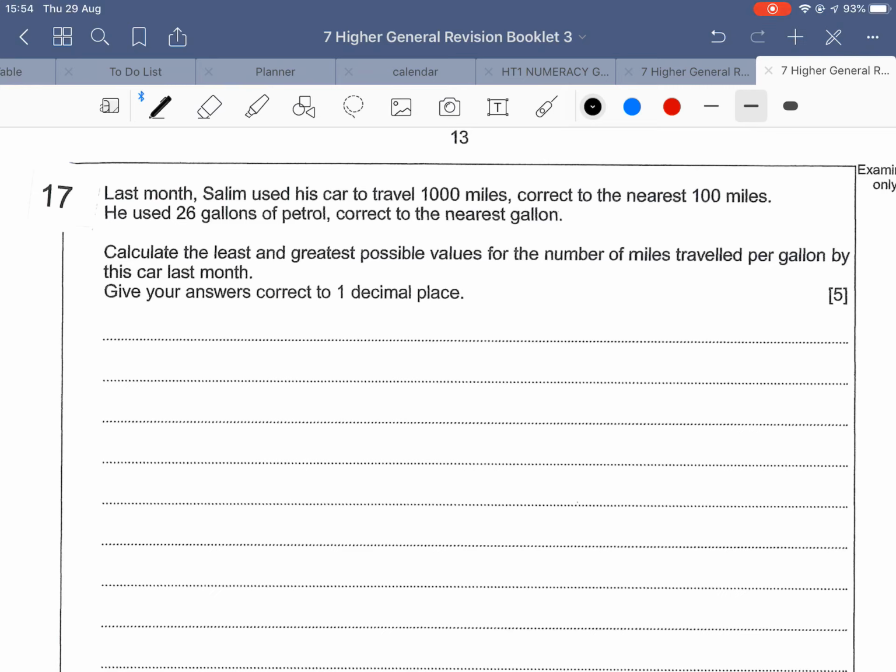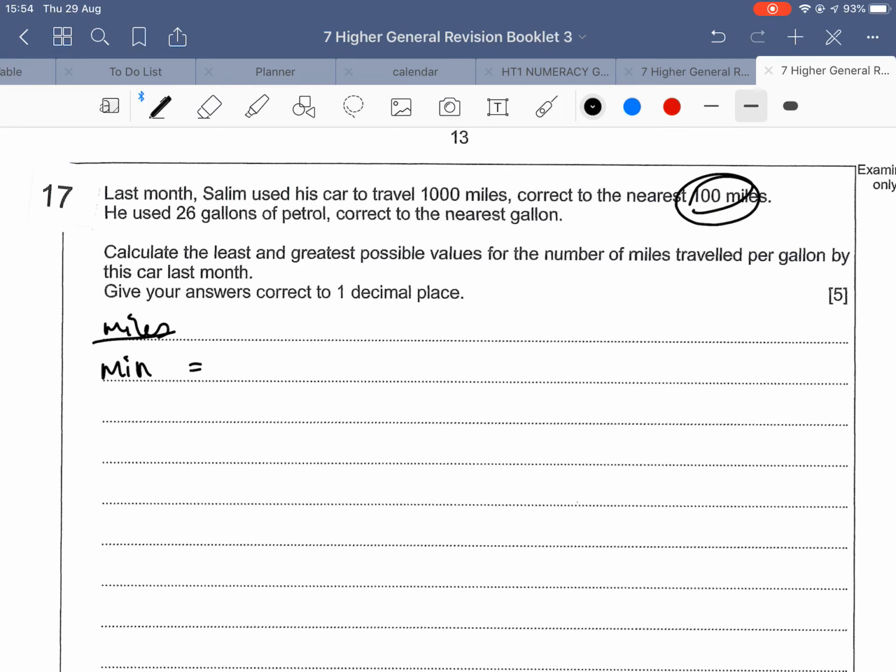Okay, so we want the least and the greatest possible. Should we do the miles? I'm going to put miles at the top, because 1,000 is correct to the nearest 100 miles.